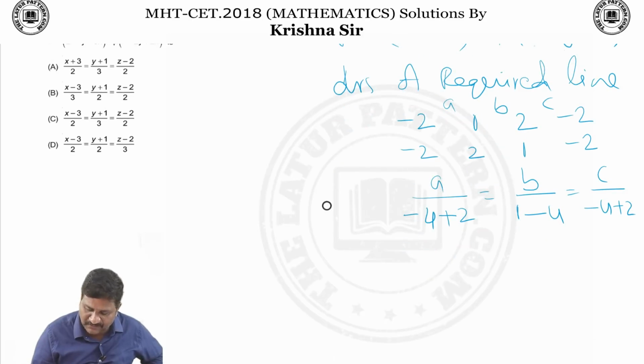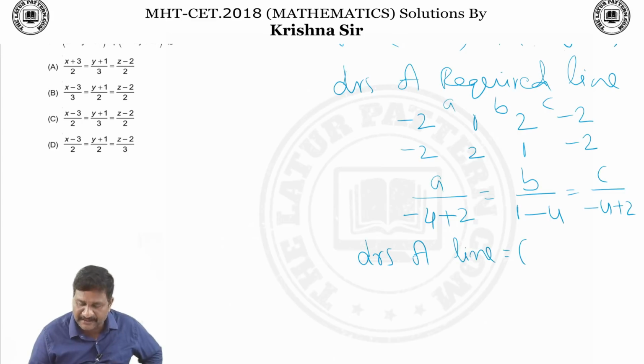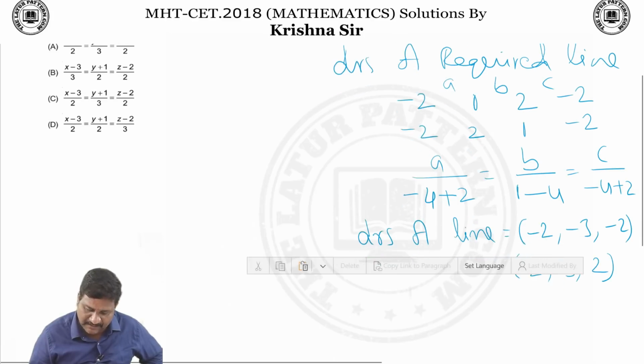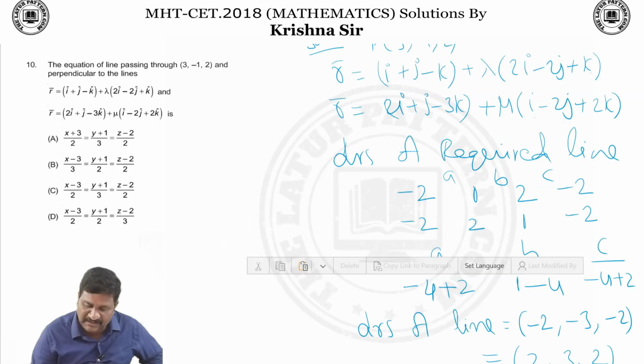So the DRs of our required line are minus 4 plus 2 is minus 2, and 1 minus 4 is minus 3, and minus 4 plus 2, that is minus 2. Or we take common minus, then 2 3 2. The line passes through the point 3 minus 1 2.